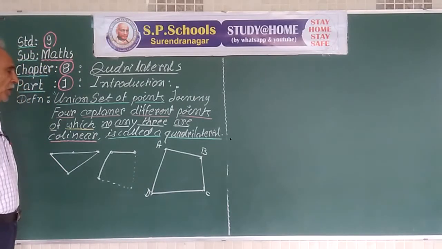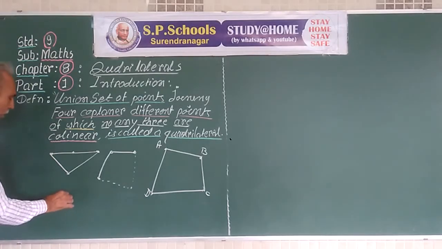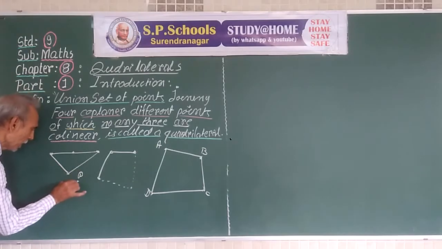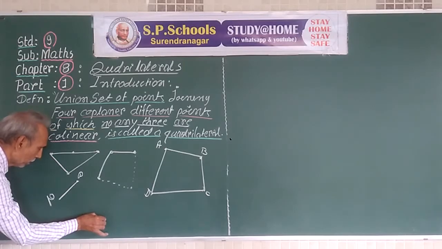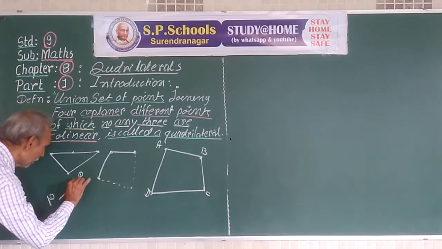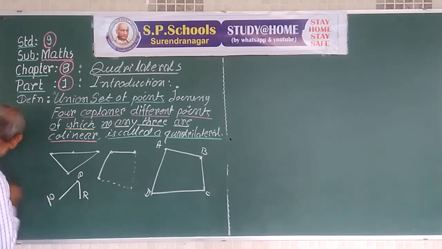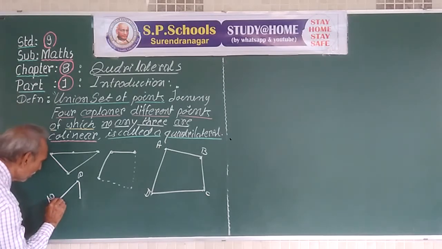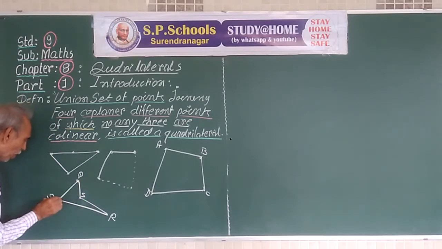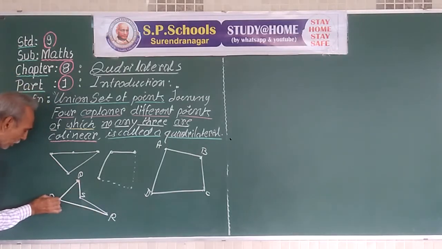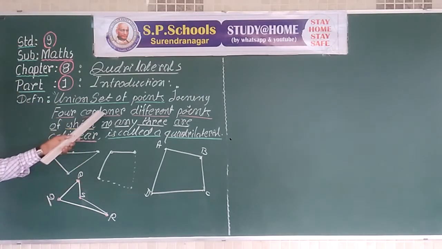Now, suppose we have 4 points like this: P, Q, R and S. Here also we have 4 points: point P, point Q, point R and point S. The condition of 4 points is satisfied.